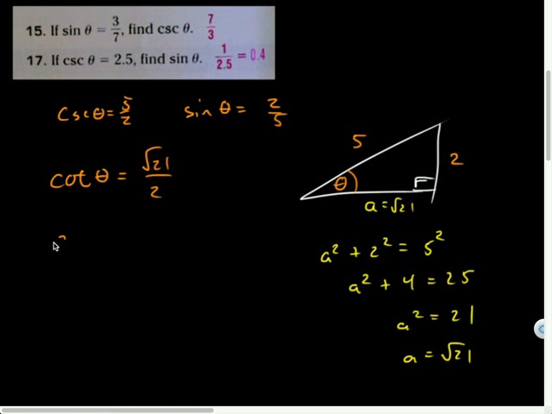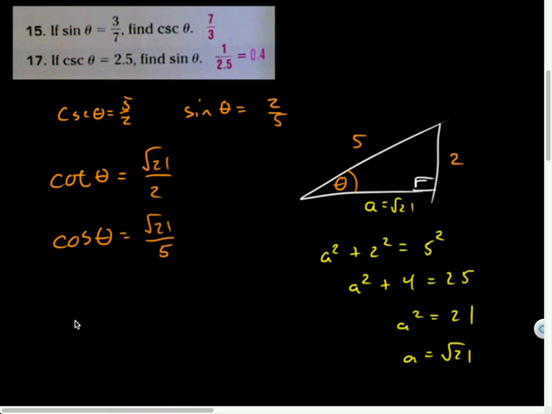What is the cosine of theta? Root 21 over 5, I think I heard eventually. Cosine of theta is the ratio of the adjacent to the hypotenuse, right? So that's what that would be.